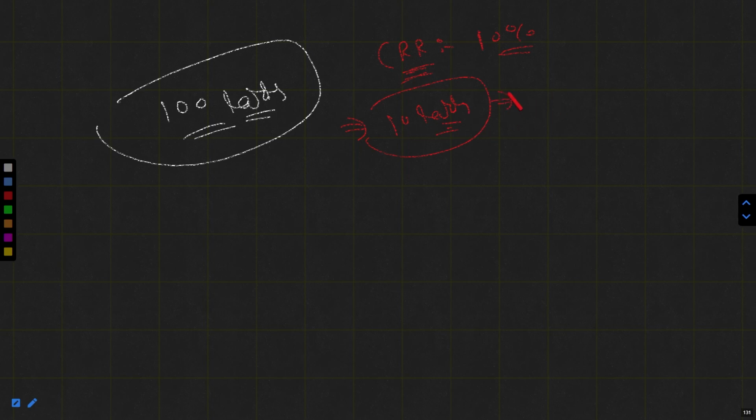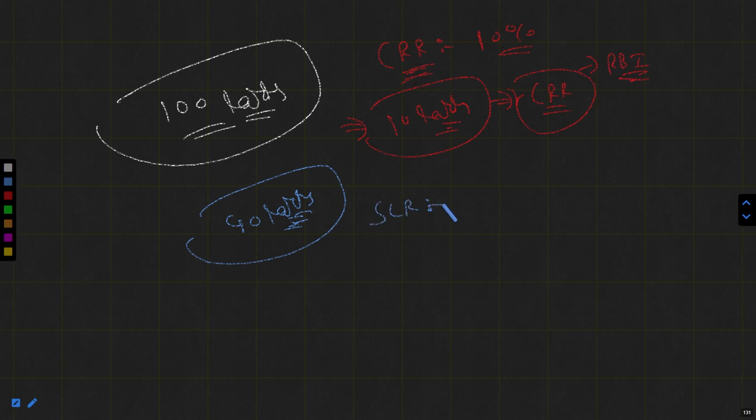Rupees 10 lakhs is basically the CRR which the bank is required to place with the Reserve Bank of India. Thereafter, the remaining amount is rupees 90 lakhs, because the CRR of 10 lakh rupees has been deducted.